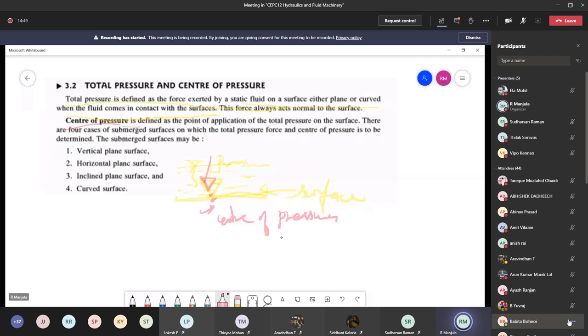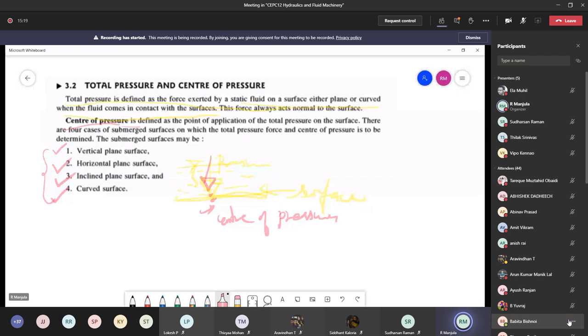There are 4 cases of center of pressure. One is vertical plane surface, horizontal plane surface, inclined plane surface, and curved surfaces. These are the 4 categories for which you are going to consider the center of pressure. Okay. So now you understood. Because of the static fluid, this is the fluid, and this is going to be your surface, and the surface can be either vertical or horizontal.